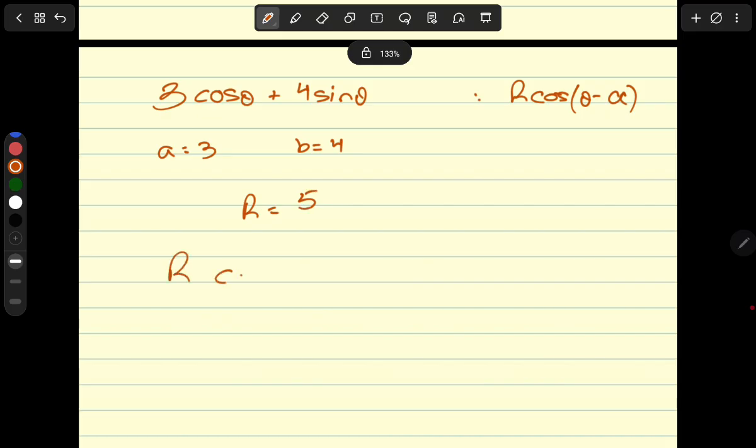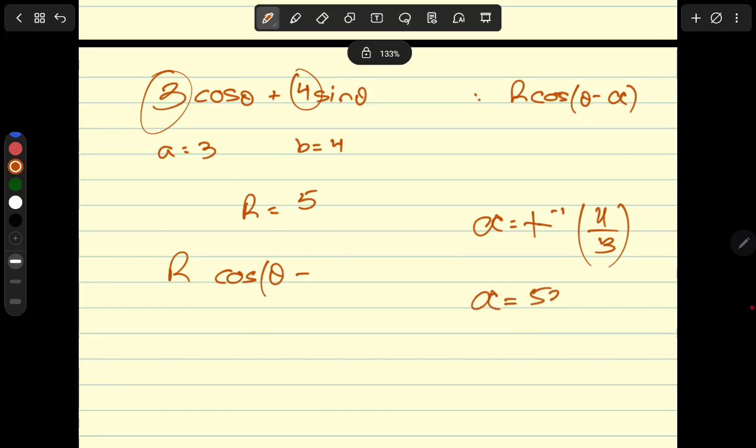So it is going to be r cos theta minus alpha, because there's a plus here and there's a plus here, so we will have a minus here, and alpha is going to become tan inverse of coefficient of sine over coefficient of cos, which is 4 over 3, and that's approximately equal to 53.13. So alpha in degrees is 53.13. So I will write this down here. Okay, now this is very easy.